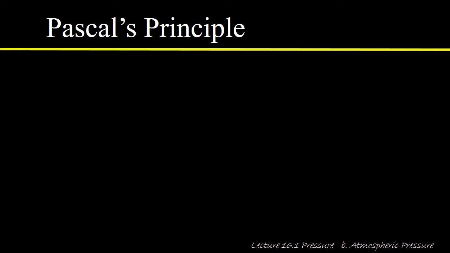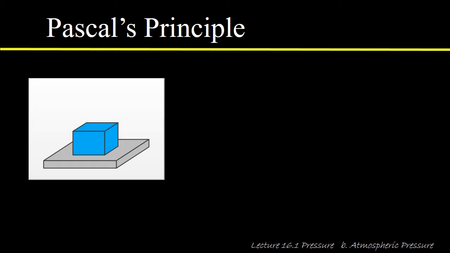All right, so here's how fluids are different and important. We did an example in a previous video where we had an iron bar sitting on a table, and we were calculating the pressure that the iron bar exerts on the table, right?